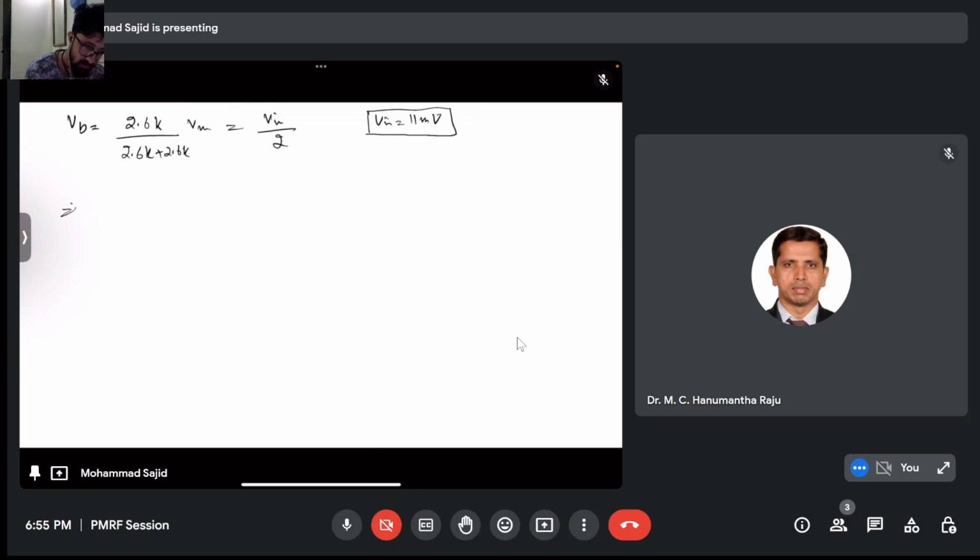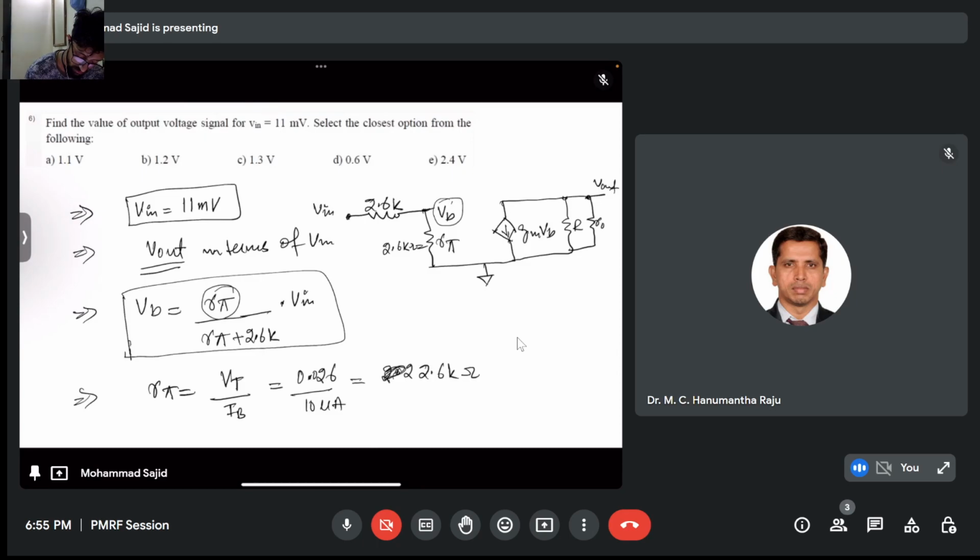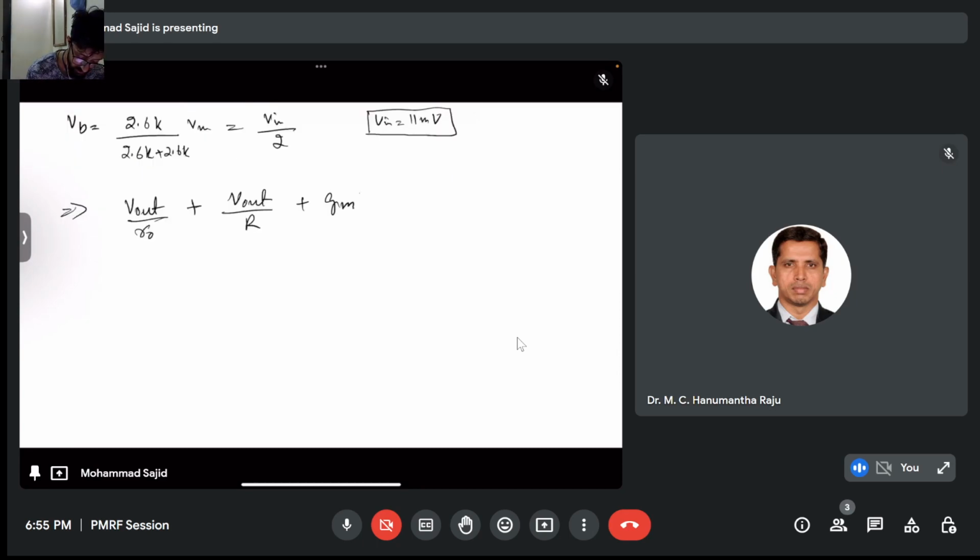So V output again at this node, you follow these steps, V output by R here at this node, KCL, plus GM VB equivalent to 0.